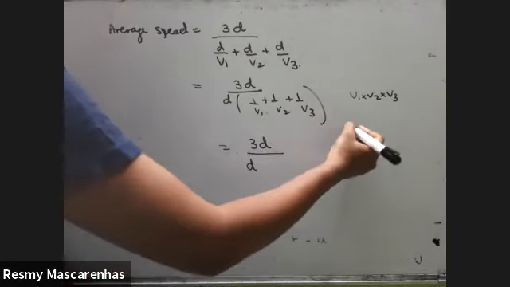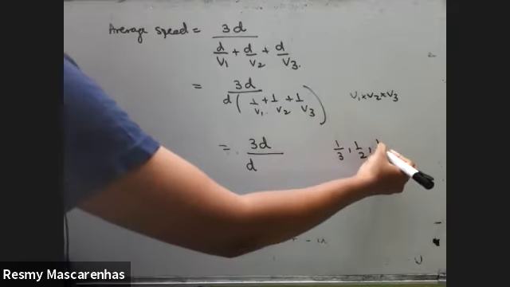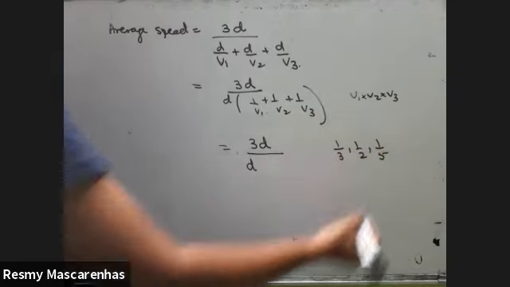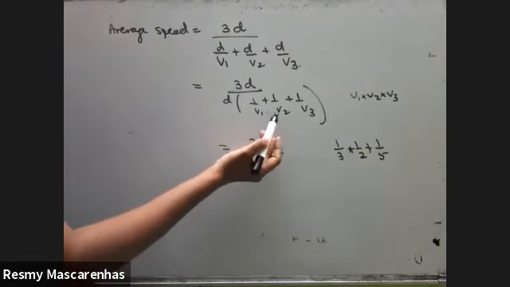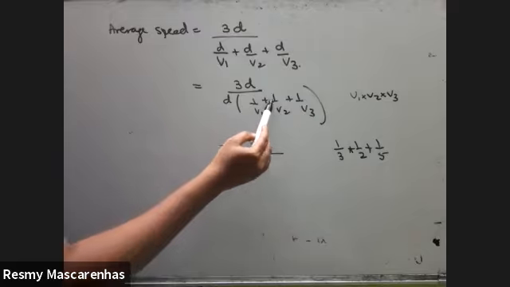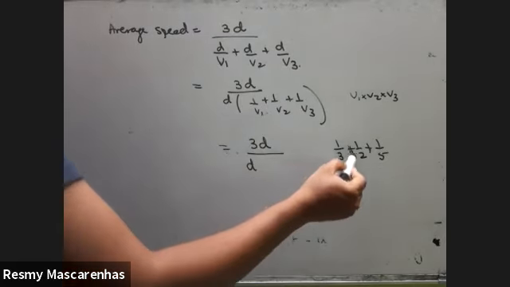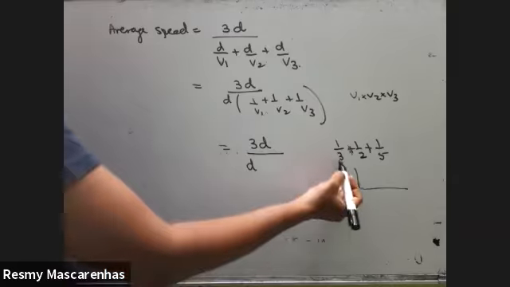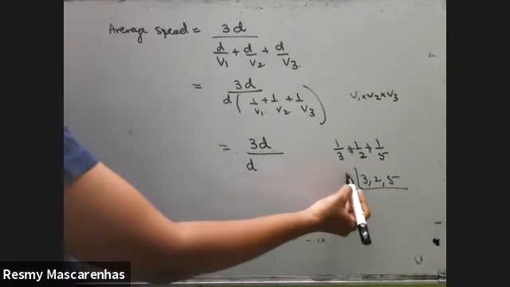So what is the LCM? If there were three different numbers, like 1 by 3, 1 by 2 and 1 by 5, and we have to take the average of these, normally some people do the long method. First they cross multiply this and then this. But I will teach the LCM method. We always take the denominators 3, 2 and 5 and start finding the common factors.